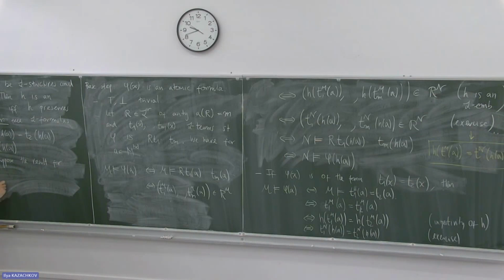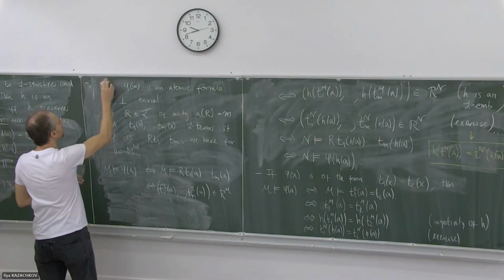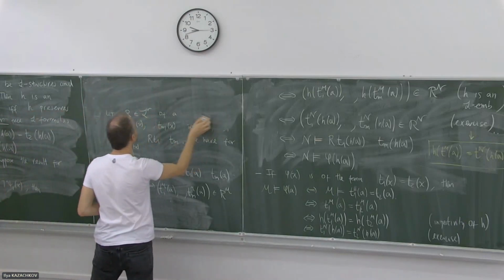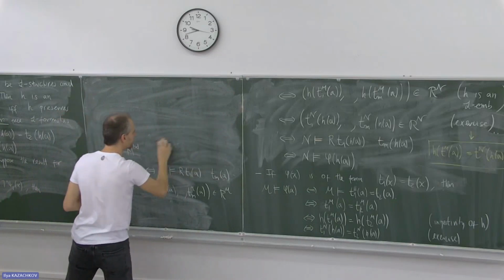If phi is the negation of psi1, let's say phi of x is the negation of psi1 of x, I can put here the x's already. Then, well, this is just the inductive step, right? Because let me perhaps put it here. This is just the fact here for negation.